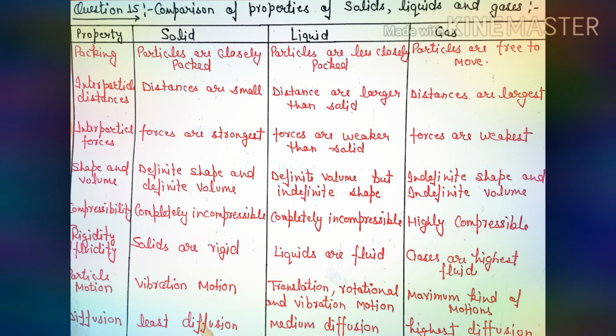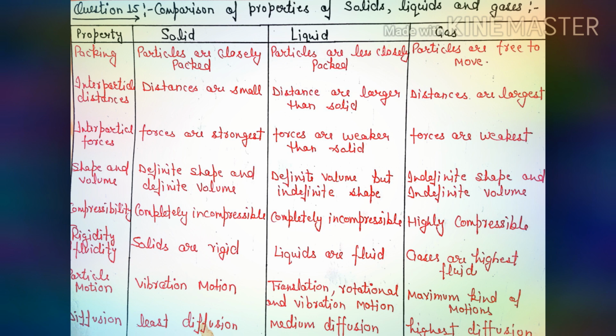In case of compressibility, solids and liquids are almost incompressible, whereas gases are highly compressible. In case of rigidity and fluidity, solids are rigid, liquids are fluid, and gases are the most fluid.